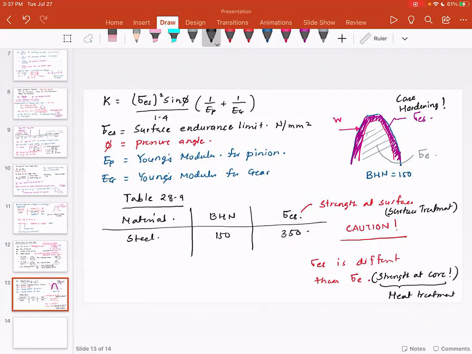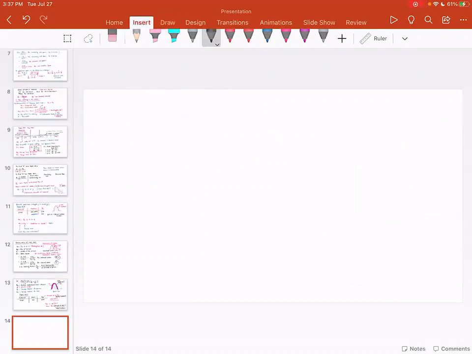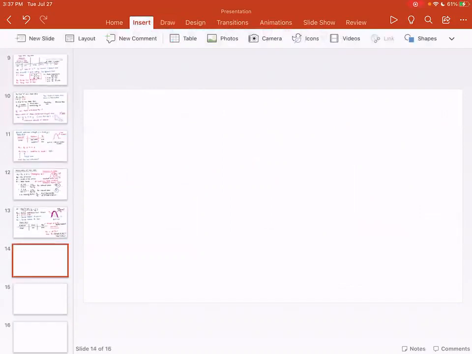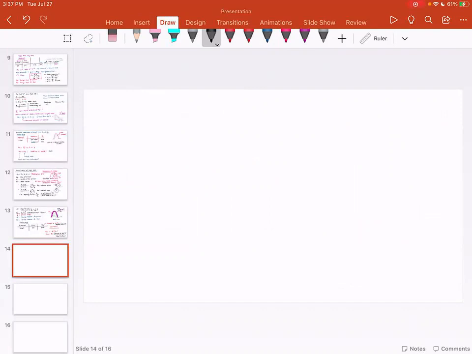So any questions here? So next thing which I want to talk about is, if for some reason the value of sigma ES is not given, sigma ES can be approximately found out with a regression equation: 2.8 multiplied by Brinell hardness number minus 70 Newton per millimeter square.